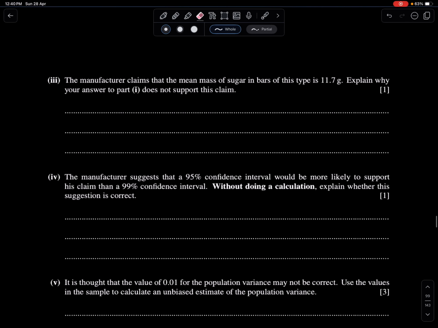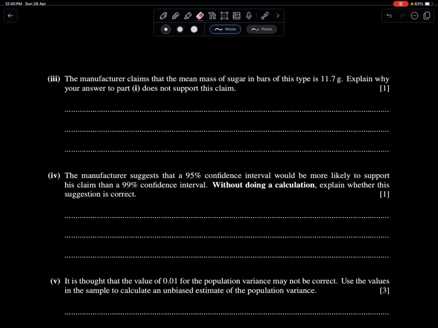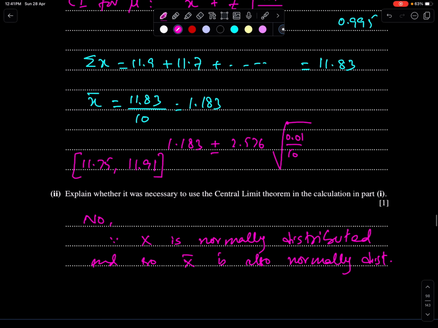The next part of this question: the manufacturer claims that the mean mass, mu, of sugar in bars of this type is 11.7. Now this is the claim of the manufacturer, that mu is 11.7. Explain why your answer to part 1 does not support this claim. So this is the answer of part 1.